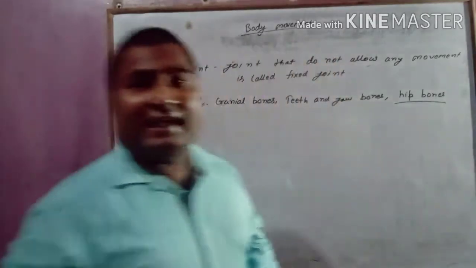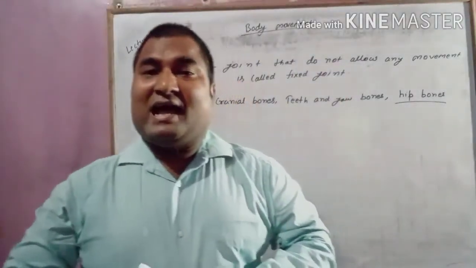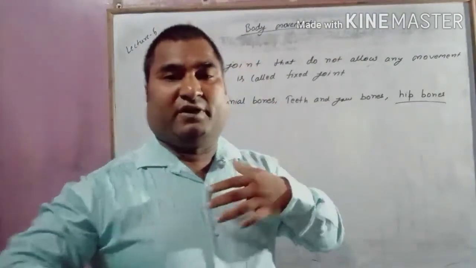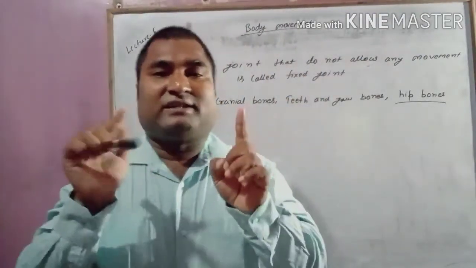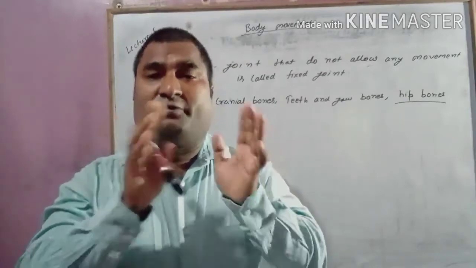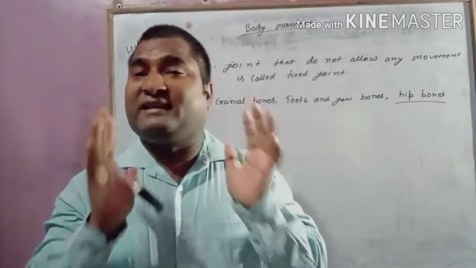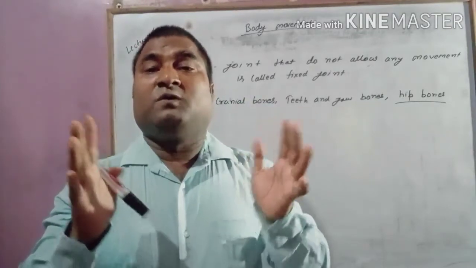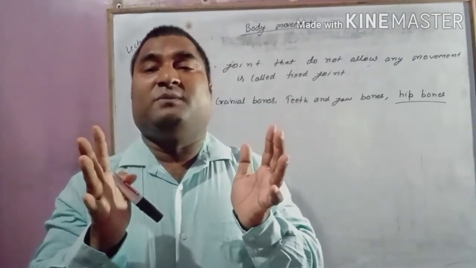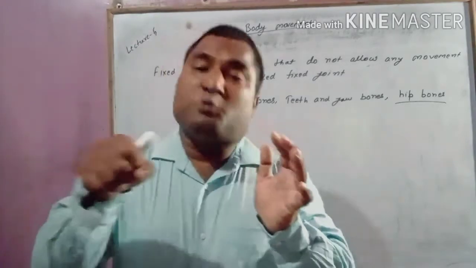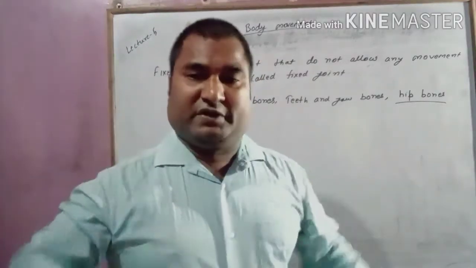I am not talking about the hip joint, I am talking about the hip bones. The hip is a large structure that is not made up of a single bone. A few bones together make the hip. So the hip does not allow any movement.